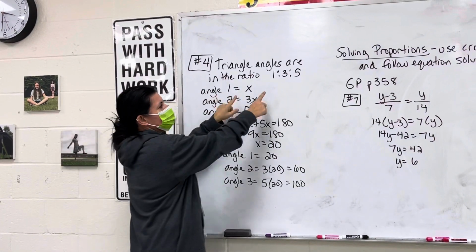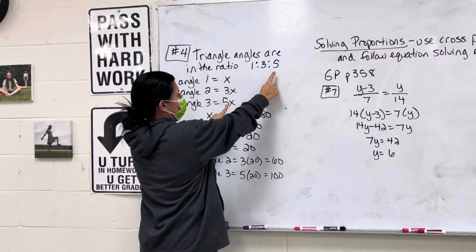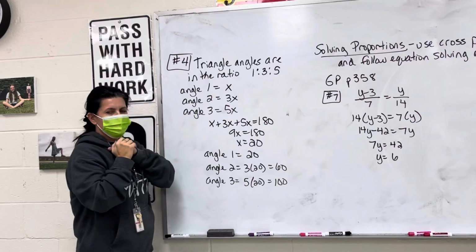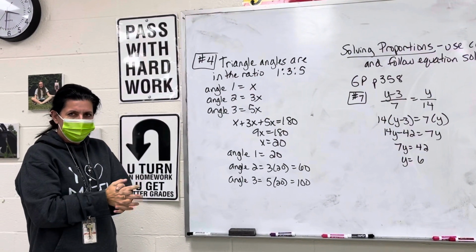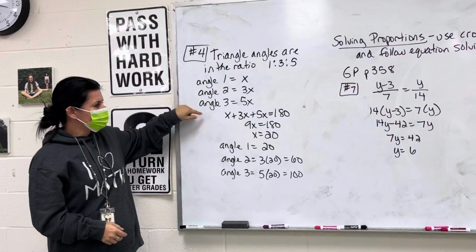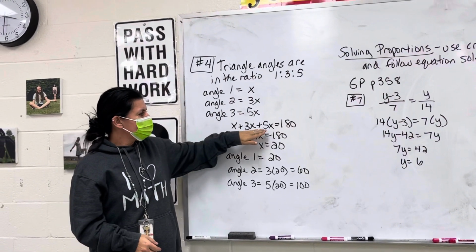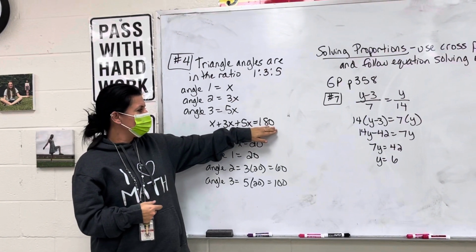The first angle is just going to be x. The second angle is 3x. And the third angle is 5x. That x represents that unknown factor to figure out what the actual measurement is. So we're going to use these 3 angles, x plus 3x plus 5x, and that has to add to 180 because we know it's a triangle.